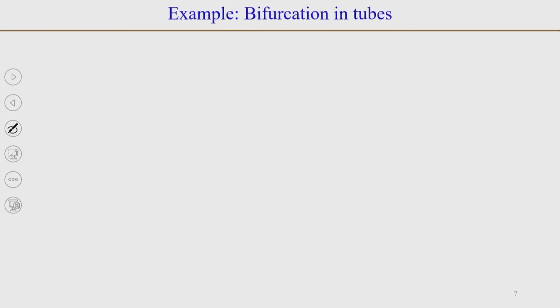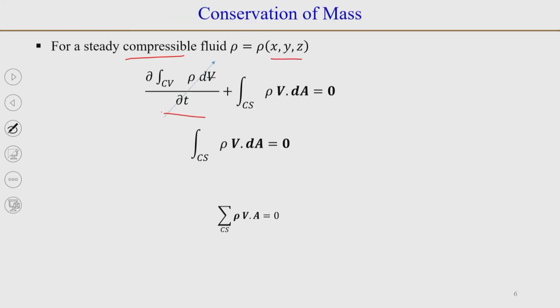Or, if the velocities are uniform at the inlet and outlet boundaries, you can turn the integral into a summation of rho V dot dA equal to 0. The summation means you can have one boundary, two boundaries or three boundaries. You can write the term for boundary 1, rho 1 V 1 dot A 1, plus the term for boundary 2, rho 2 V 2 dot A 2, and so on, and sum it up to get the answer.